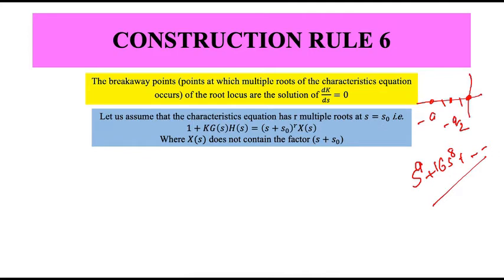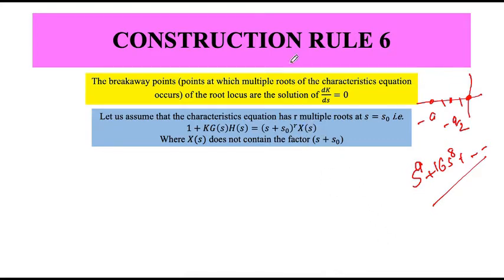And when this happens, for my characteristic equation 1 plus k g h, I will have roots at s naught with some multiplying factor, r times x(s). Again, this x(s) does not contain this factor, and we are interested in the situation where r is at least 2, right?